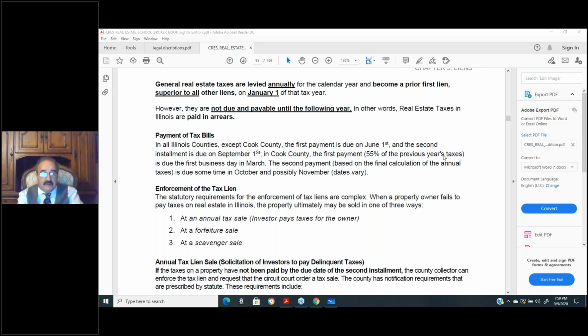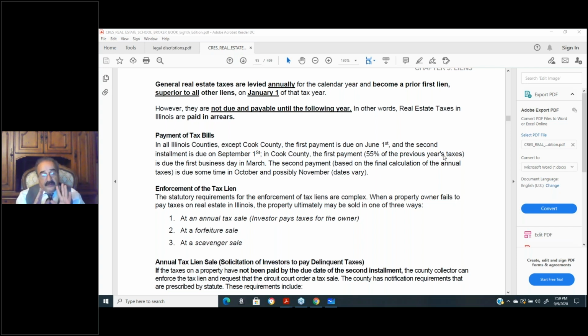I have a question here. If you purchase a tax sale, are you responsible for paying the taxes for the past 2 years? Yes, you have to keep paying them unless it's a scavenger sale. Then you're not responsible. Now, another question. If you do not pay your taxes and have a mortgage, who will pay for the mortgage?